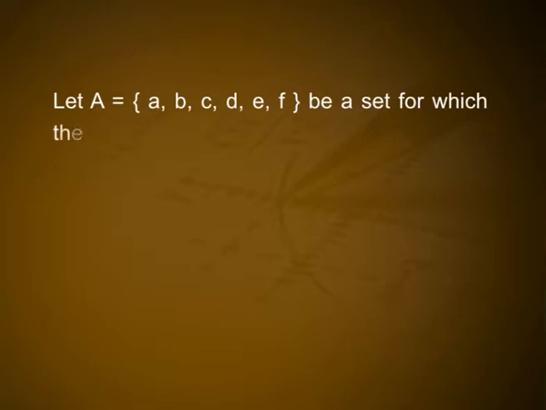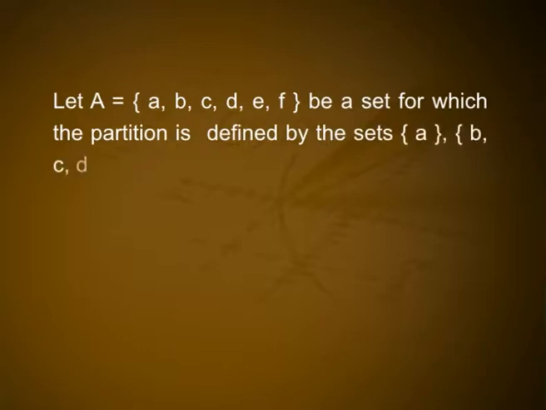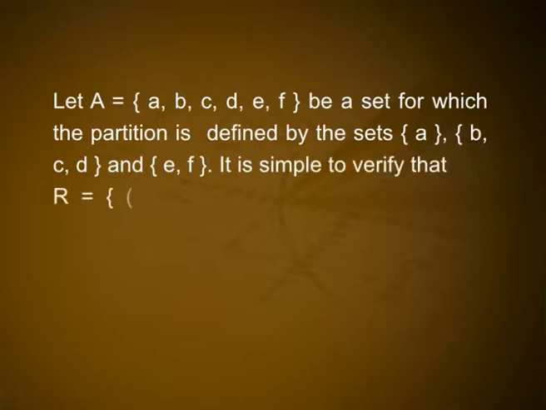It is possible to make out the equivalence relation when a non-empty set and a partition of it are given. For instance, consider the following example. Let A equals the set {a, b, c, d, e, f} be a set for which the partition is defined by the sets {a}, {b, c, d} and {e, f}.